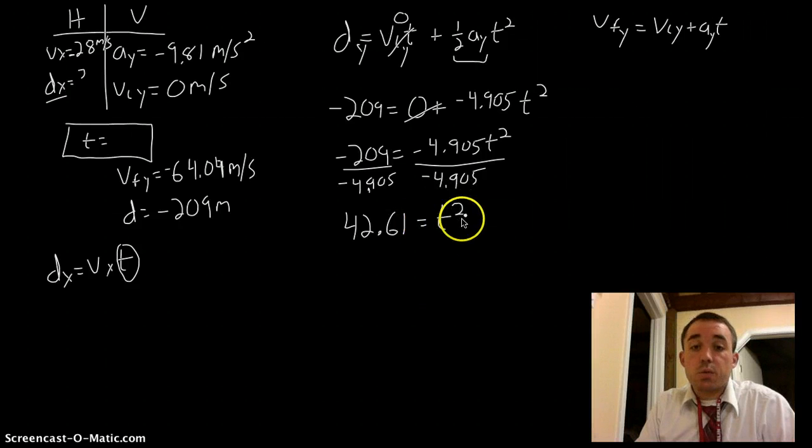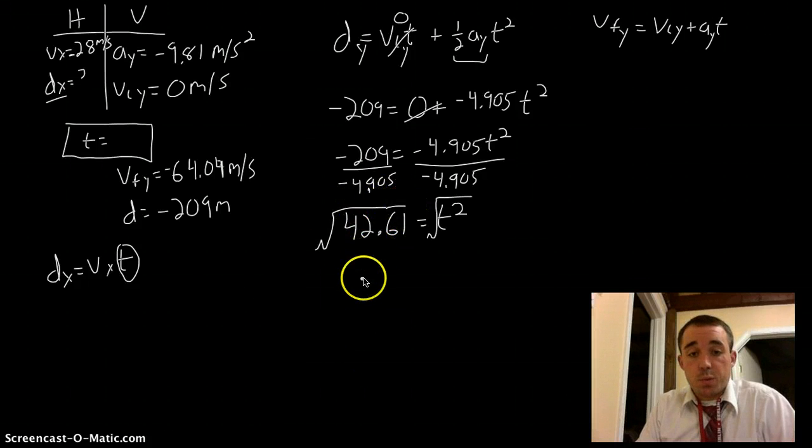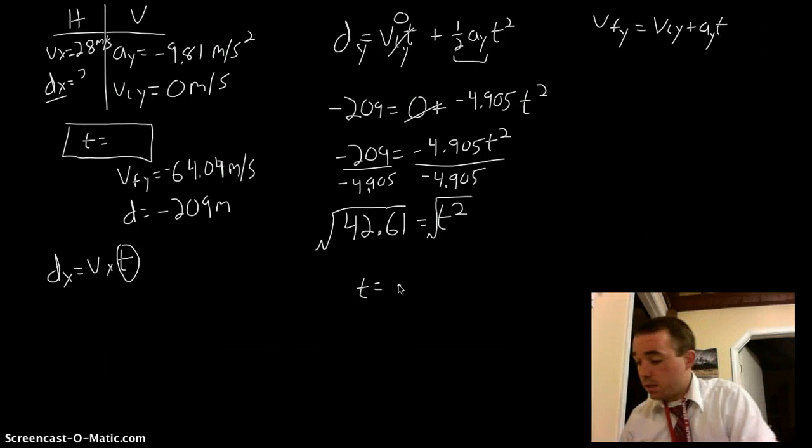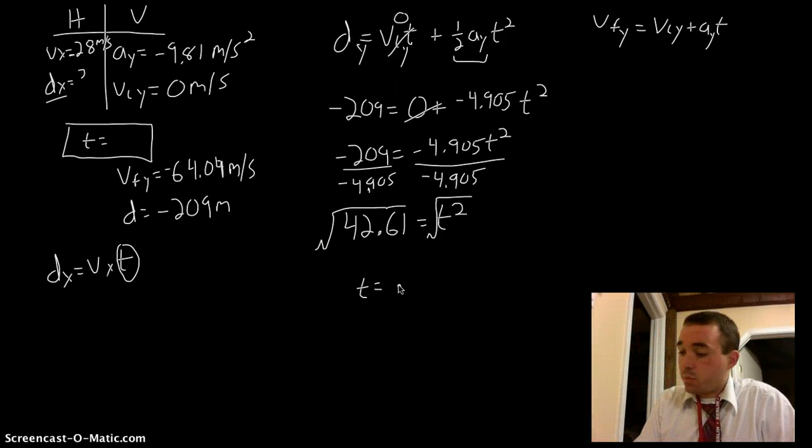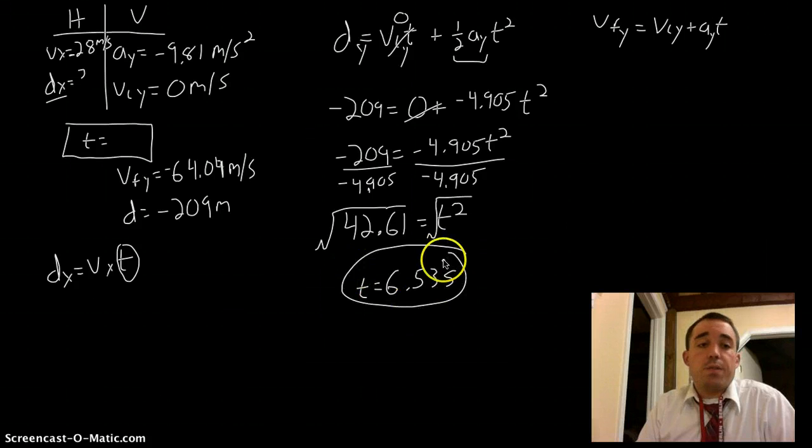That equals T squared. Same thing, we've got to get rid of the square, so we have to take the square root of both sides. It's going to give us a T equal to 6.53 seconds. Depending on rounding, yours might be 6.51. That's fine, no worries. So our T is 6.53 seconds.